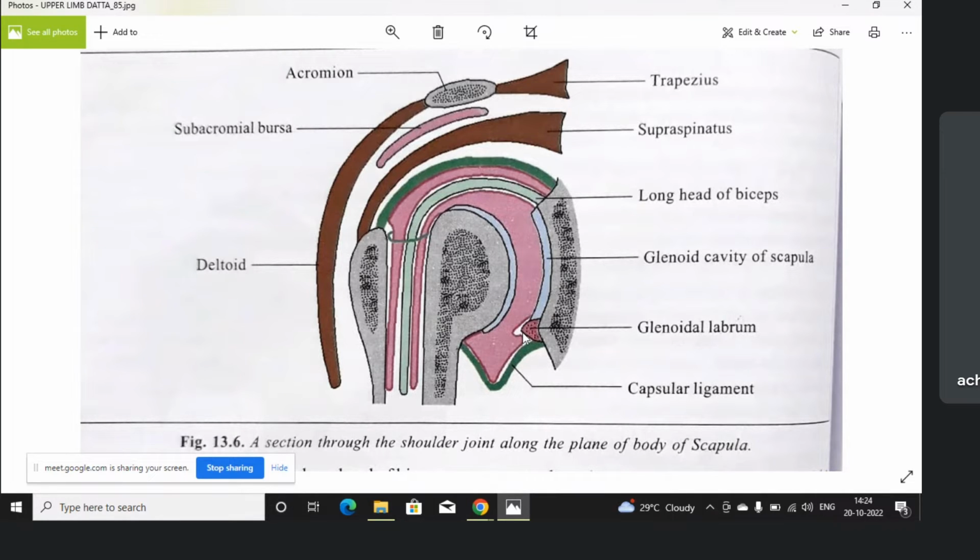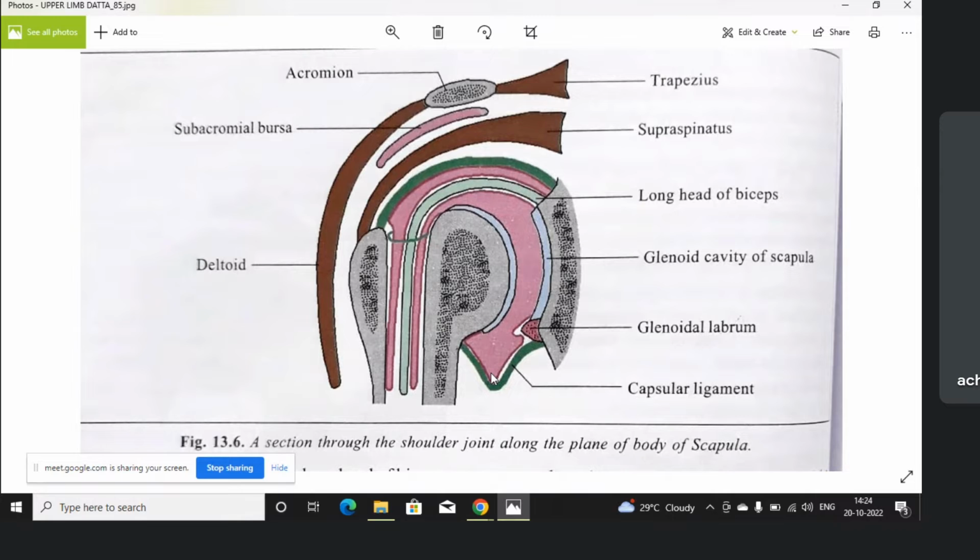This glenoidal labrum increases the articular cavity, otherwise the joint cavity.